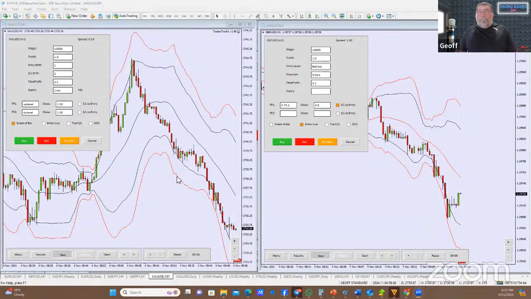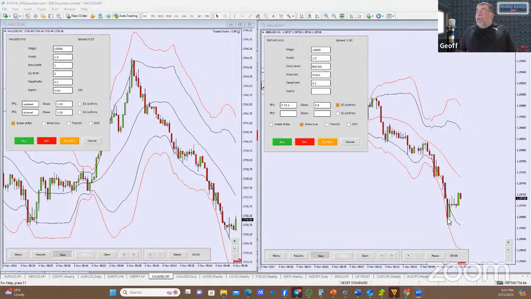I'm using Bollinger Bands, and two of them. I'm using the 3 standard deviation Bollinger Band, which is the red line that you can see there, and I'm also using the 2 standard deviation Bollinger Band, which is the black line there. What I seek to do here is find an oversold situation, which is what we saw here on the pound 1 minute chart.